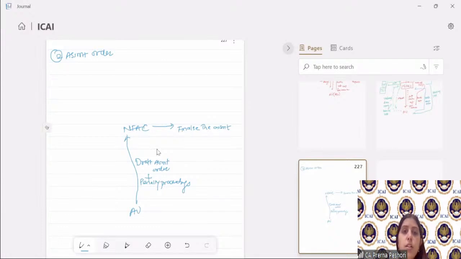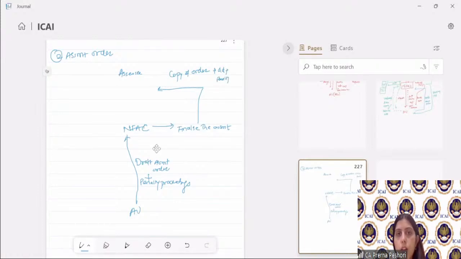And what NFAC will do is, it will serve on the assessee the copy of order and any penalty proceedings which are initiated along with demand notice. Demand notice is under what section?